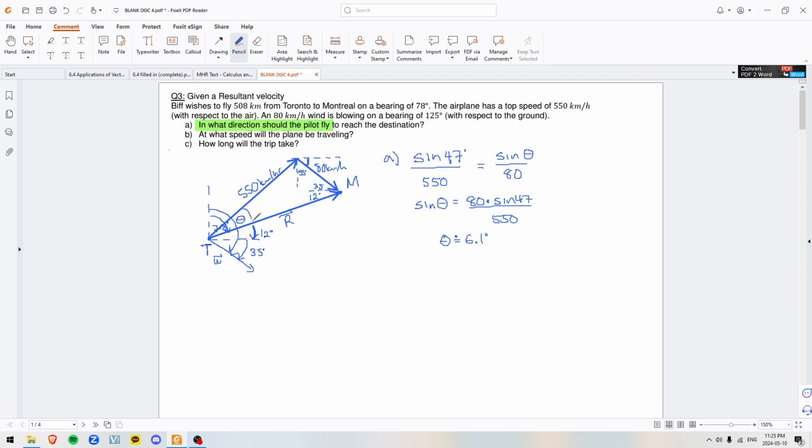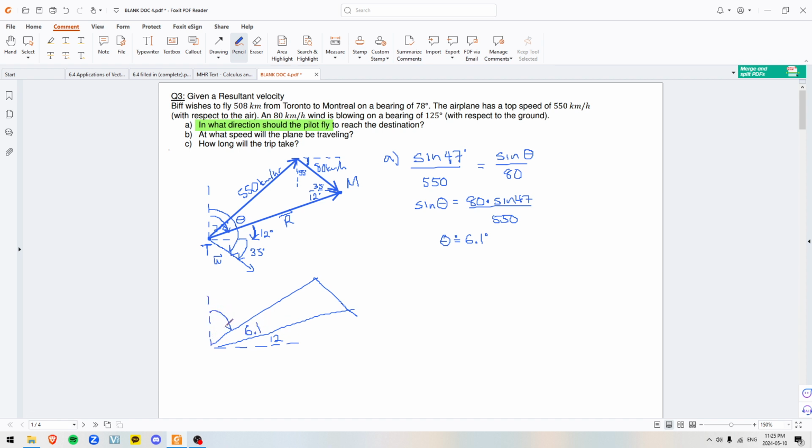So this is 6.1 degrees. The picture is not the most to scale, obviously, but that's okay. If I know, let me simplify this. I have a triangle here, and I know that this is 12, and I know that this is 6.1.